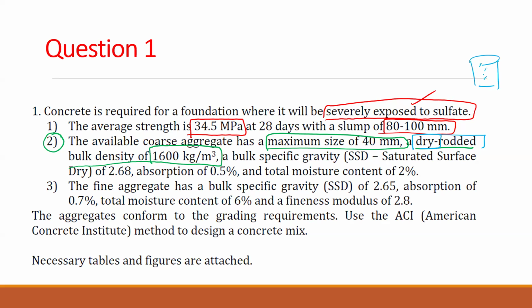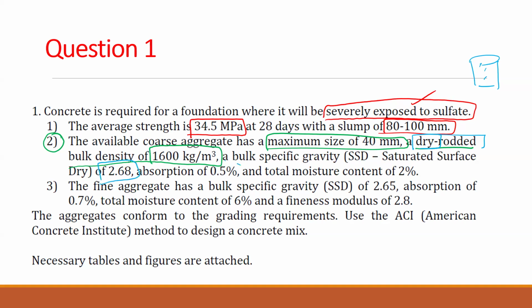Normally in concrete, do we compact, or are aggregates staying with space between the aggregates? The cement paste will bond the aggregates together, so we need to have space between aggregates. We don't have rodded aggregates, but they are saying the dry rodded bulk density of the aggregates available in the market is 1,600. Okay, and they are saying specific gravity, surface saturated dry condition, is 2.68.